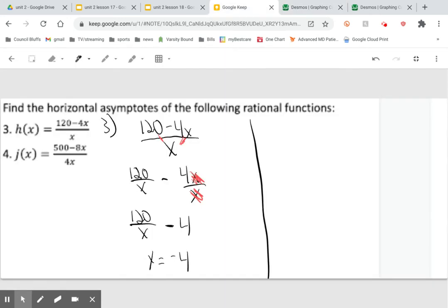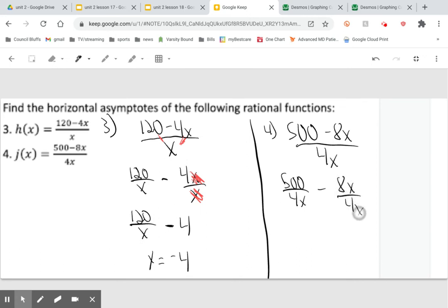Okay, so number 4, we're going to do the same thing. So 500 minus 8x over 4x. And I'm going to do the same thing I did before. I'm going to separate out the fractions. So 500 over 4x minus 8x over 4x.